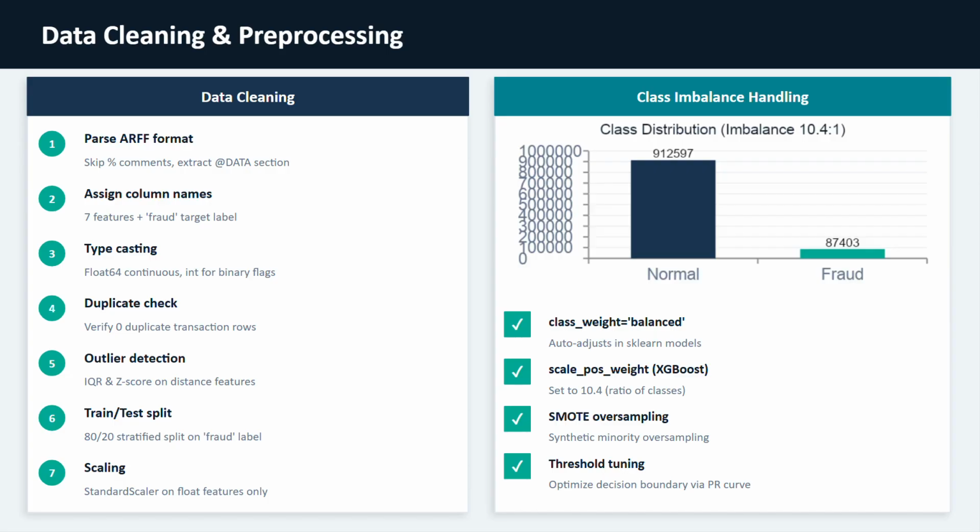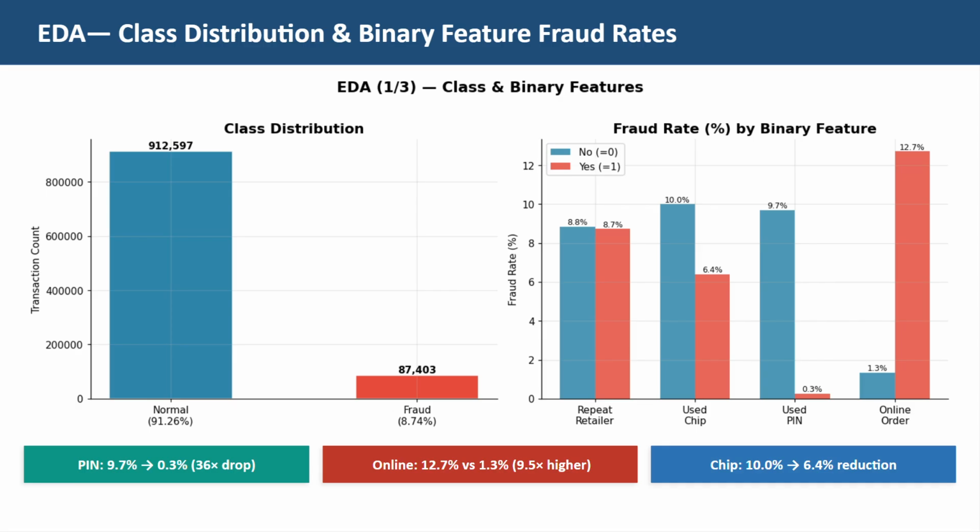Since the data is imbalanced, we auto-adjust it in the sklearn models. Also with XGBoost, we use scale_pos_weight, SMOTE oversampling, and threshold tuning to counteract the imbalance. And then we start doing the EDA.